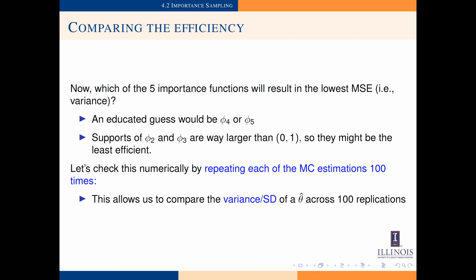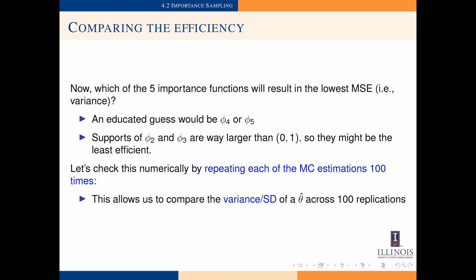We can check this numerically by repeating each of the Monte Carlo estimations 100 times. This will allow us to compare the variance or the standard deviation of the theta hat across the 100 replications. Specifically, for each of the possible phis, we want to repeat the estimation 100 times.